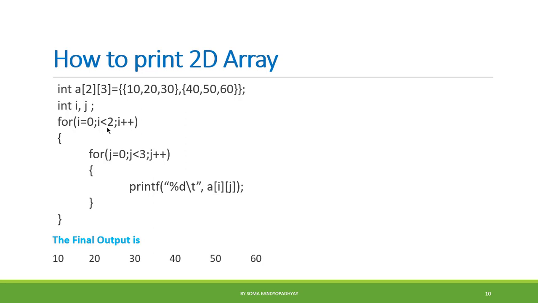Therefore, it will come outside this for loop and the program finishes its execution. Therefore, the final output is 10, 20, 30, 40, 50 and 60.